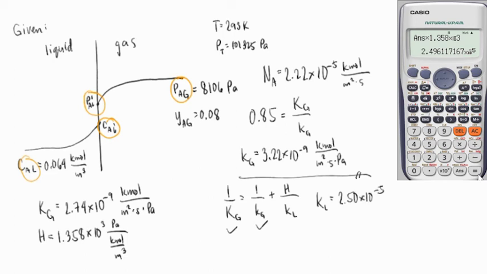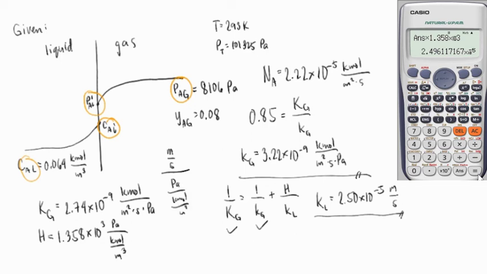Now, what is the unit of this kL? Earlier in our lesson in convective mass transfer, we have determined that the units of small kl, or the mass transfer coefficients on the liquid side, is meters per second. We can verify these units by taking the ratio of the units of kl and the units of the Henry's law constant. So kl has units of meters per second, and then Henry's law constant has units of pascals per kilomole per cubic meter.